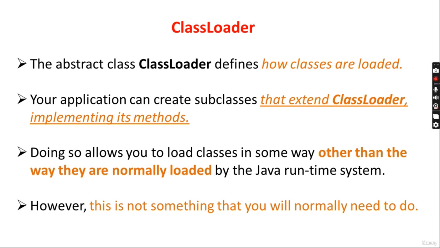Your class can then define how classes are loaded. Doing so allows you to load classes in some way other than the way they are normally loaded by the Java runtime system. However, this is not something that you will normally need to do.